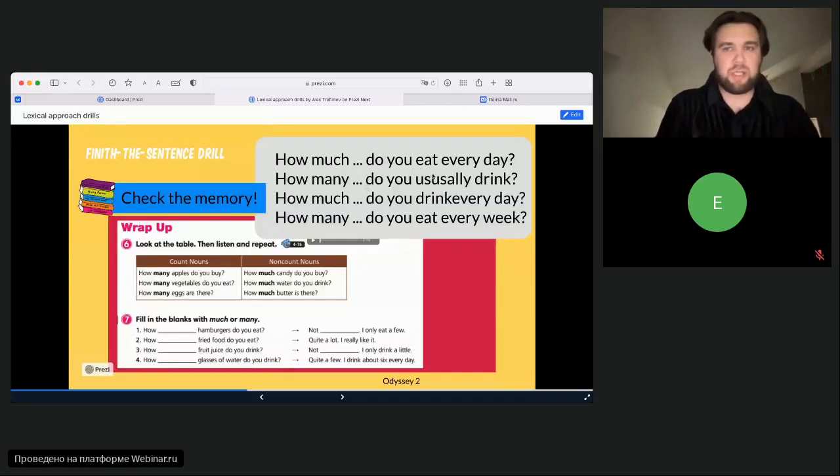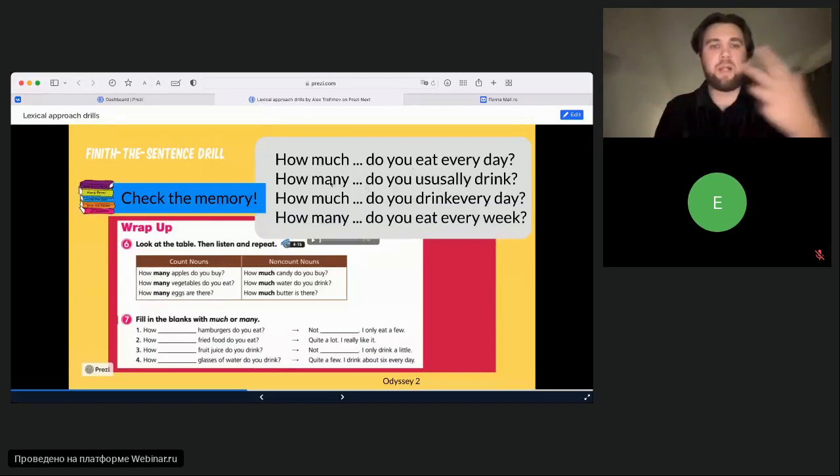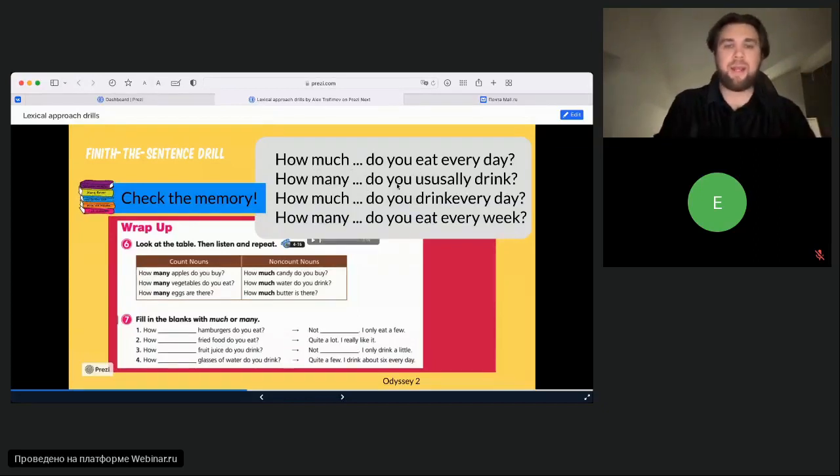We are also drilling here like much or many, a lot, maybe adding that, right? Of course it looks basic, but you have to repeat that. So for example, one of the students completes the sentence: how much sugar do you eat every day?